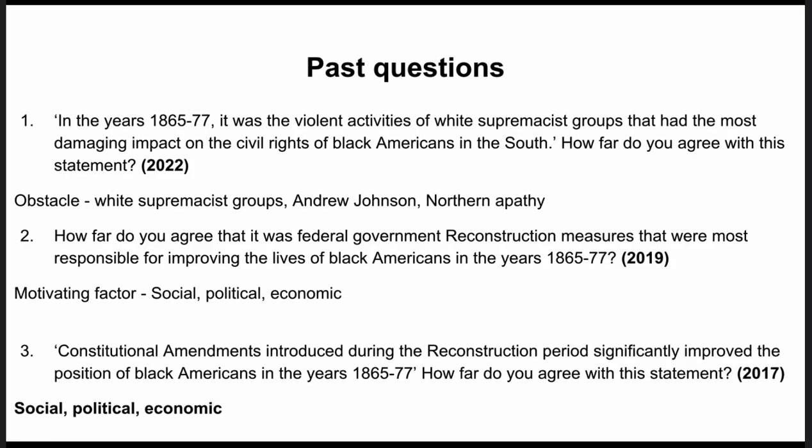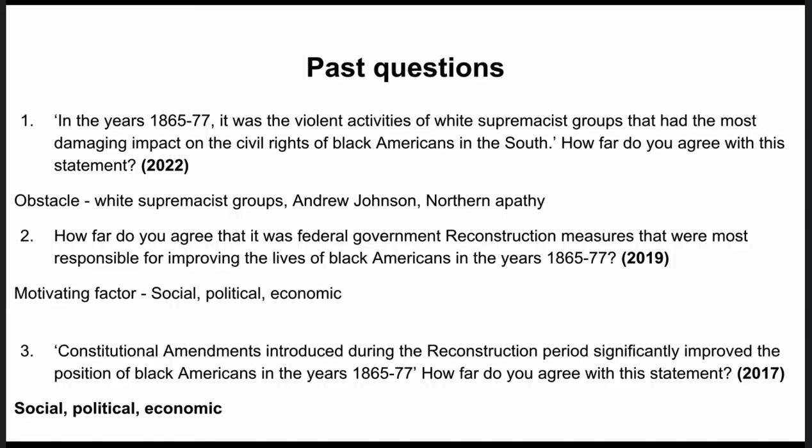The next question, which was in the exam in 2019: how far do you agree it was the federal government Reconstruction measures that were the most responsible for improving the lives of Black Americans in the years 1865 to 77? That is a motivating factors question. It's federal government Reconstruction measures, but there isn't much else that's responsible for improving the lives of Black Americans.